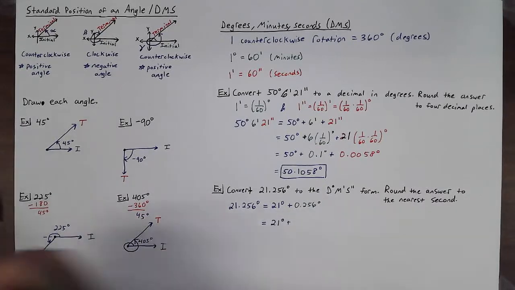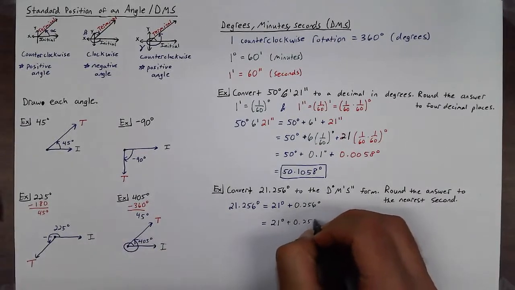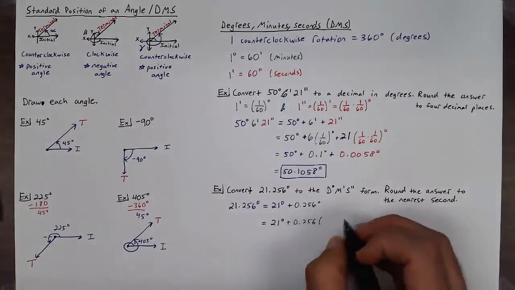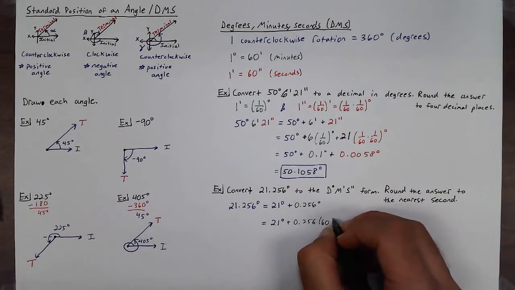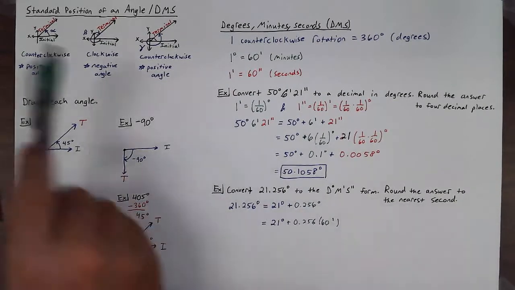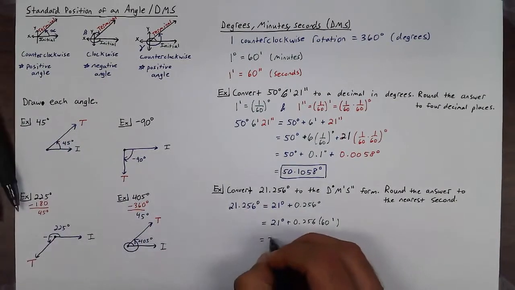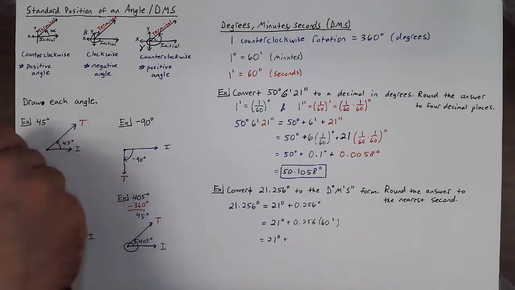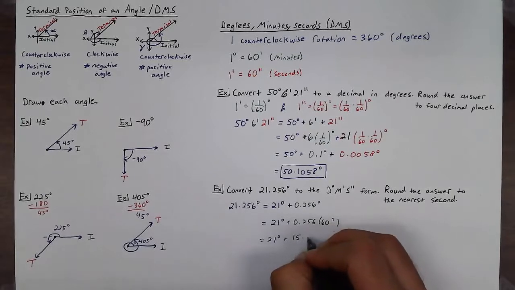So I'm going to take 0.256, and I'm going to multiply it by 60 minutes, since that's what 1 degree is equal to. When I multiply that out, I get 21 degrees, and then plus 15.36 minutes.